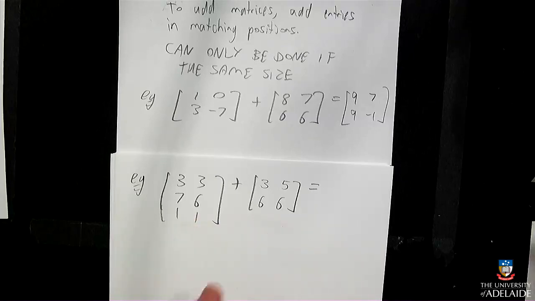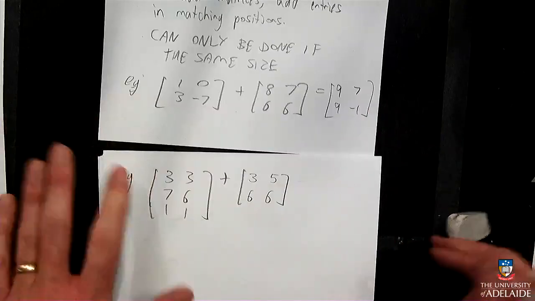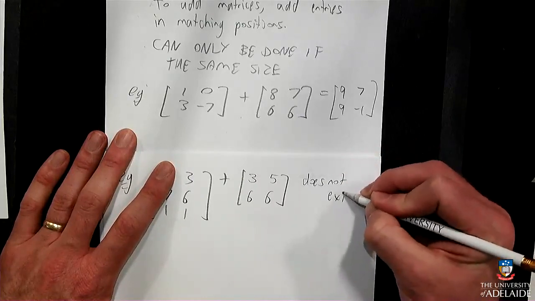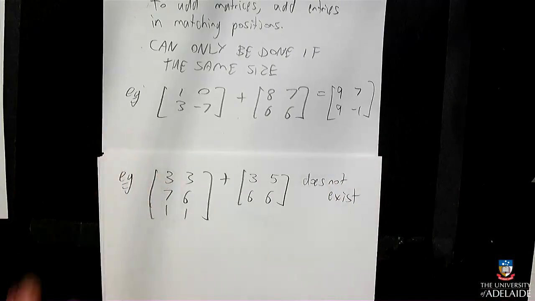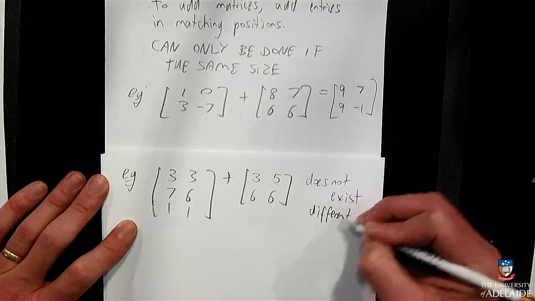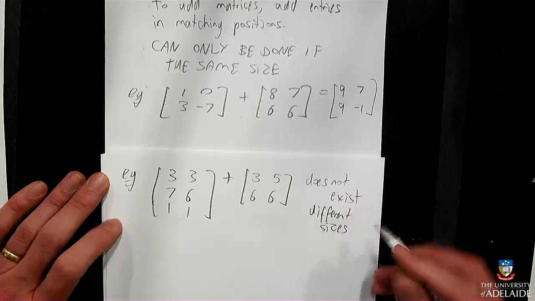And so that doesn't exist. It can't be calculated. There is no thing that is the addition of those two things. You can't even actually write it at all. And it doesn't make sense to put a plus there. Okay, because they're different sizes.